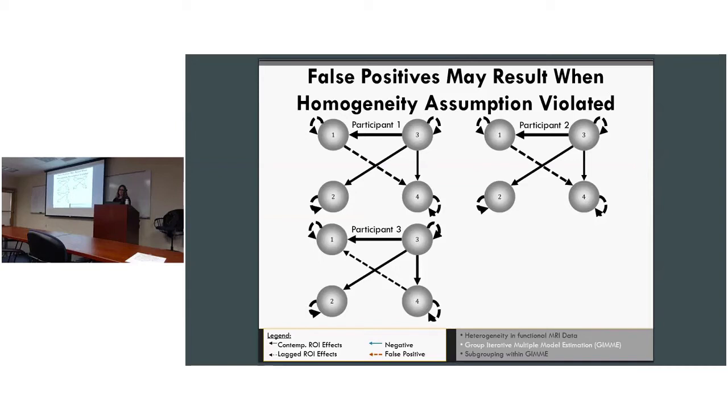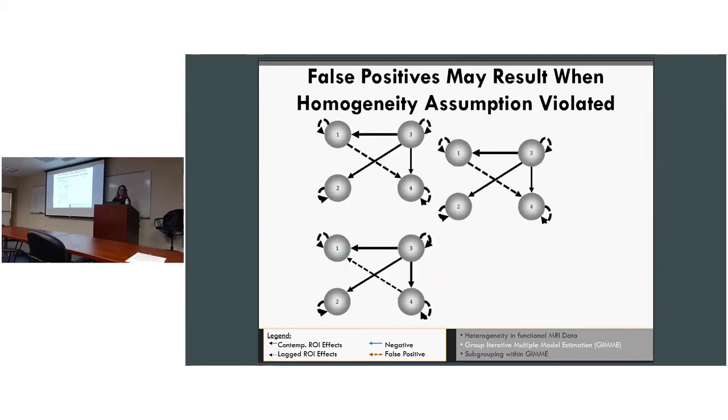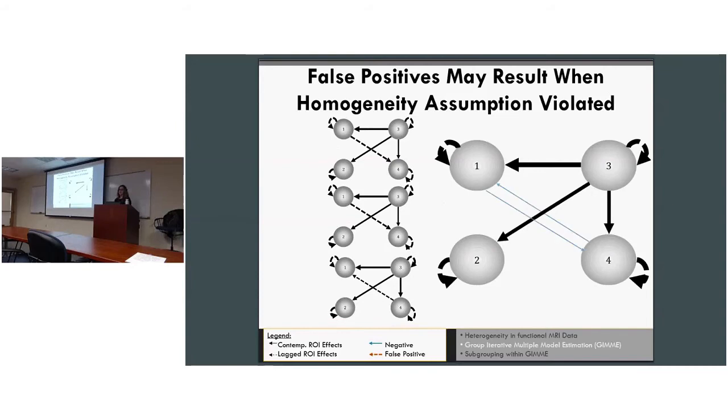But we knew that this would perpetuate throughout the correlation matrix. And when we conducted the analysis on the group level, we first arrived at these two paths that were bidirectional, they were contemporaneous, and they were negative, even though in the simulated data they were positive. And then a spurious path resulted between variables 2 and 4.